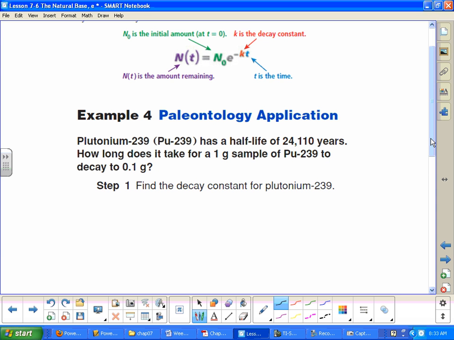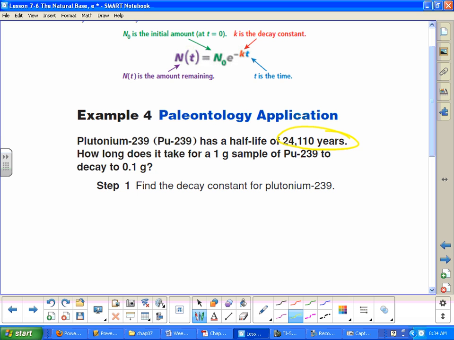Learned it in science, right? Half-life is how long it takes to go from the amount you start with till half of it is remaining. So we have a time frame here of 24,110 years.